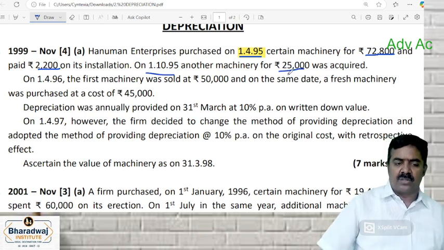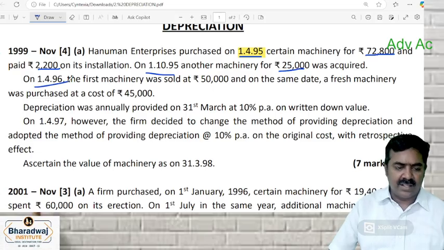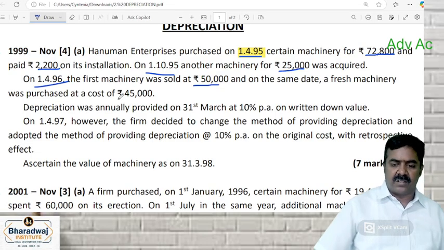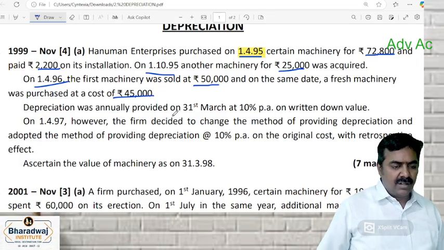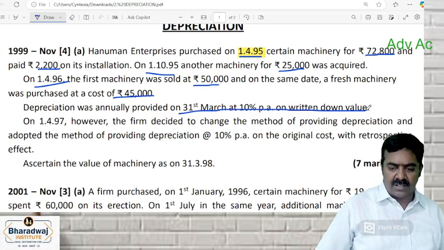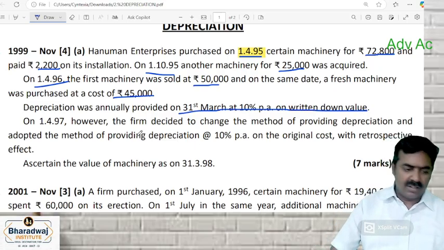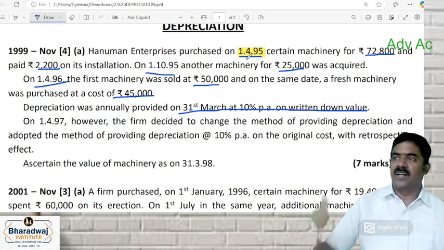On 1.10.95, another machine for 25,000 we are purchasing. Next year we are selling the first machine for 50,000 and a new machine we are purchasing for 45,000. Depreciation is provided on 31st March at the rate of 10% on which value? WDV. So this is for 95 and 96.